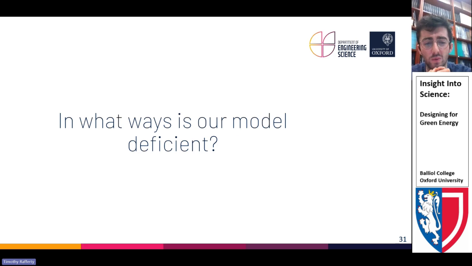But let's think about what the problems were with our models. Does anyone have any idea, with this very simplified model, what might be some of the problems with the wind turbine model we solved?